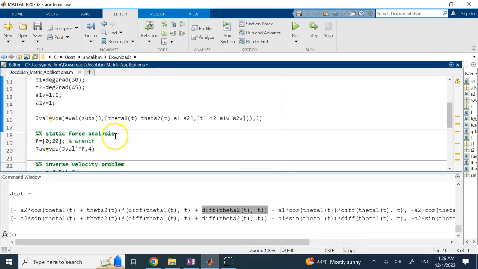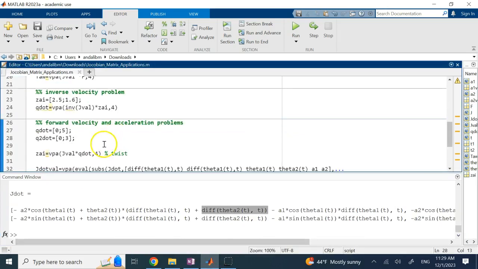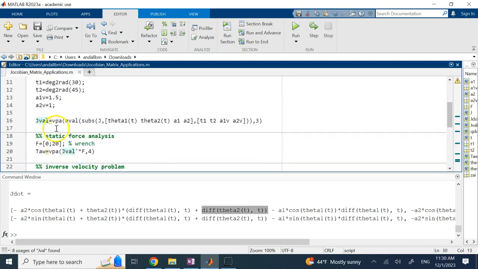And then again down here, you see, now I define my q dot as 0 and 5, q double dot as 0 and 3. Then I multiply the j. This j val is the same as j, just numerical numbers, right? J is a symbolic matrix. When I plugged in the numbers in them and got a number, I call it j val.